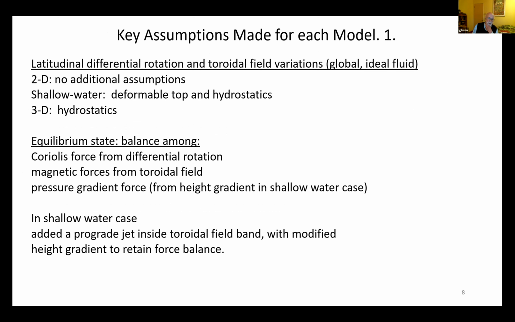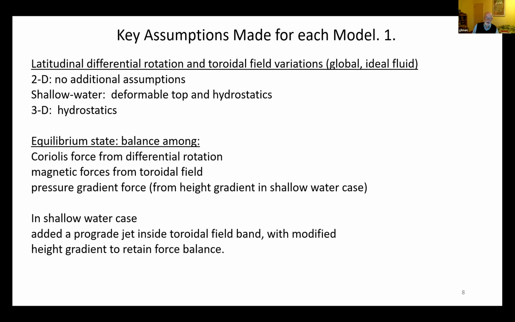Now, you make different assumptions depending on how many degrees of freedom you're allowing in the models. So in the 2D case, there are really no additional assumptions. With shallow water, now you have a deformable top, and you have hydrostatics. And 3D, of course, you're assuming hydrostatics in the reference state.